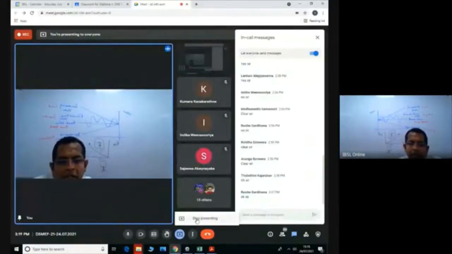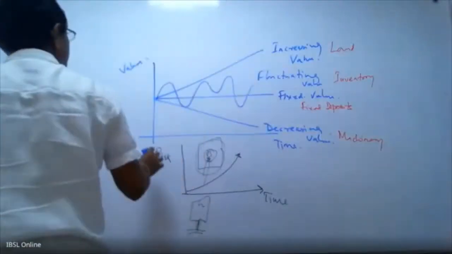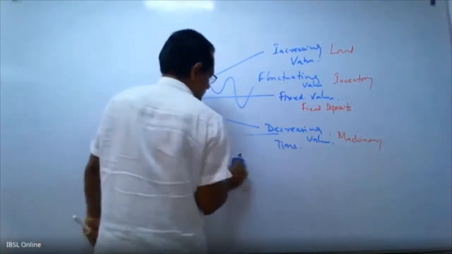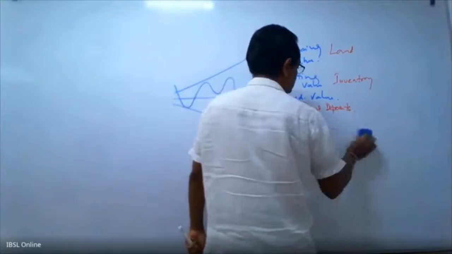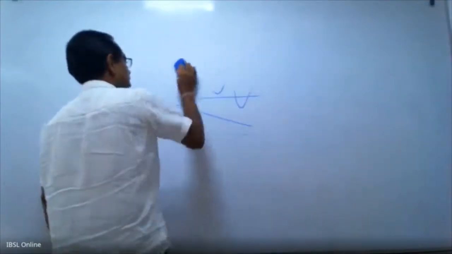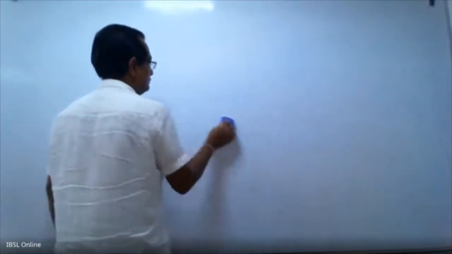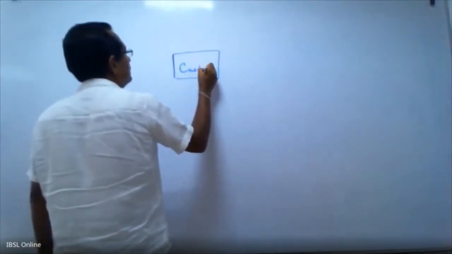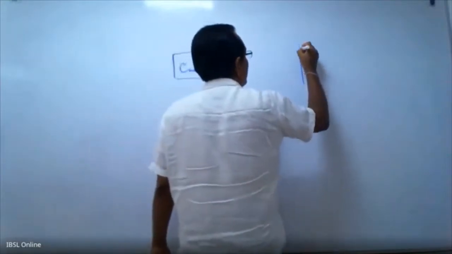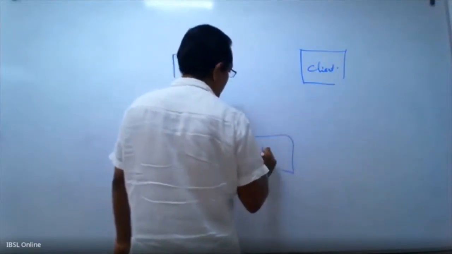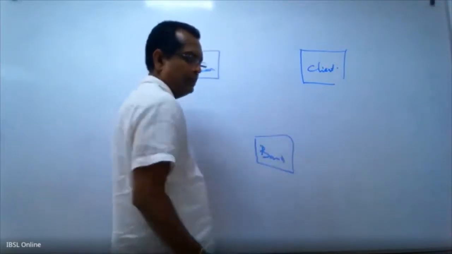Okay, let me explain. Right? We have customers, we have our client, then we have the bank or factor, right?